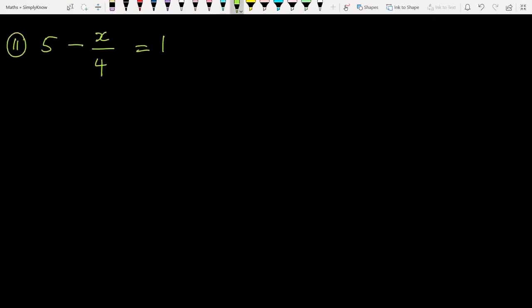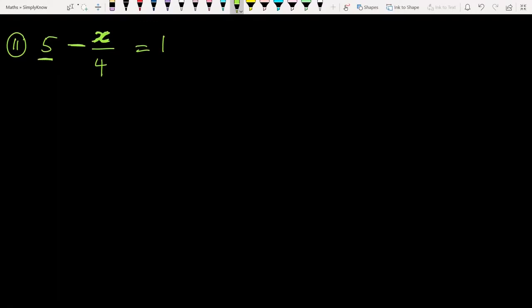Okay, now how to solve this? Let's follow the same steps we used in the previous equations. Now our unknown term is x. We need to find the value of x now. So whatever with x on the left side, we need to transfer to the other side. So first of all, we are going to transfer this 5.